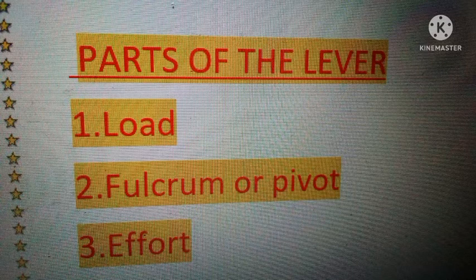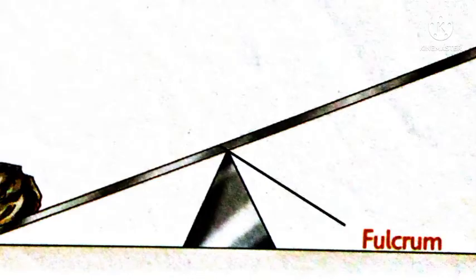Dear learners, there are 6 types of simple machines. Number 1 is levers, number 2 is wheel and axle, number 3 is pulleys, number 4 inclined planes, number 5 wedges, and the last one is screws.